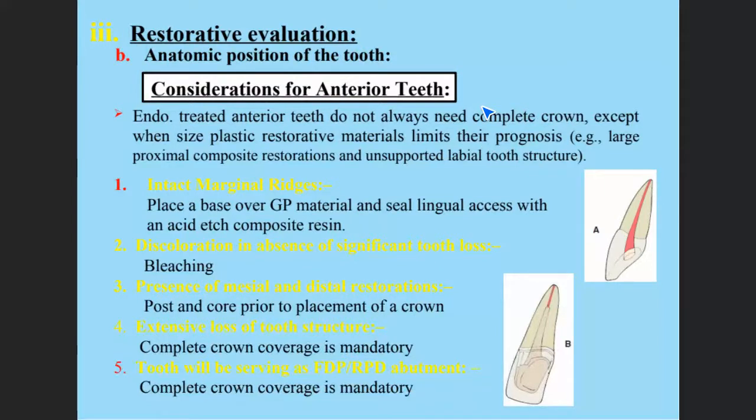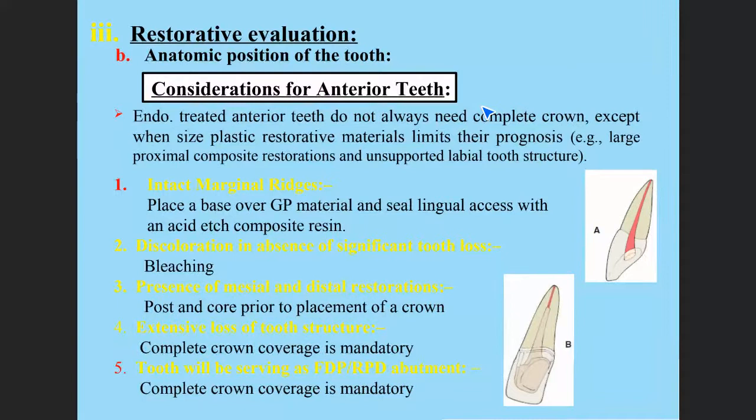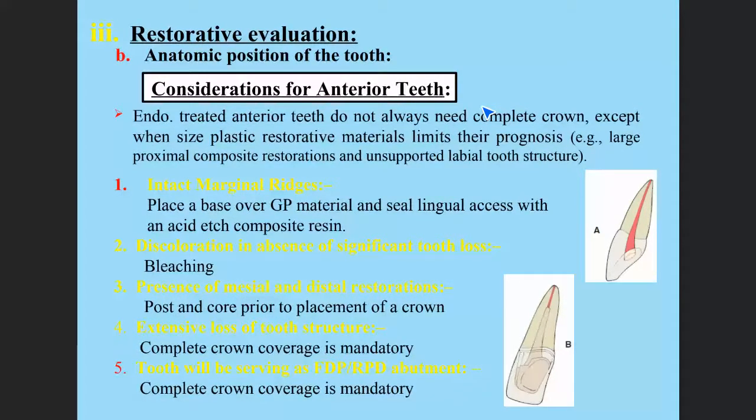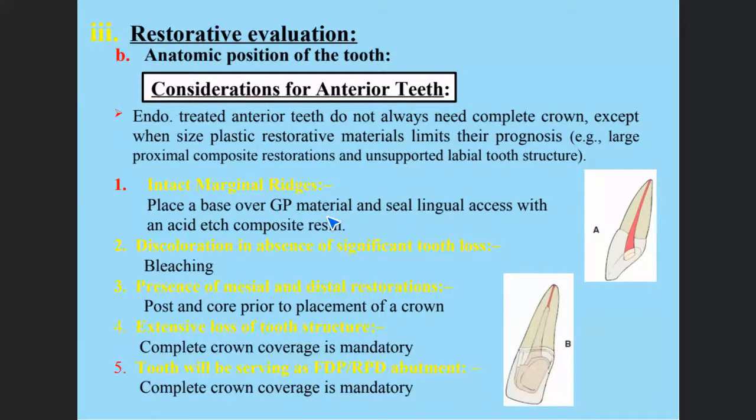In this case, the remaining coronal tooth structure will not retain the core material, so we need to use a post. In case of intact marginal ridges, you just place the gutta-percha and then a base and seal it with a composite resin.